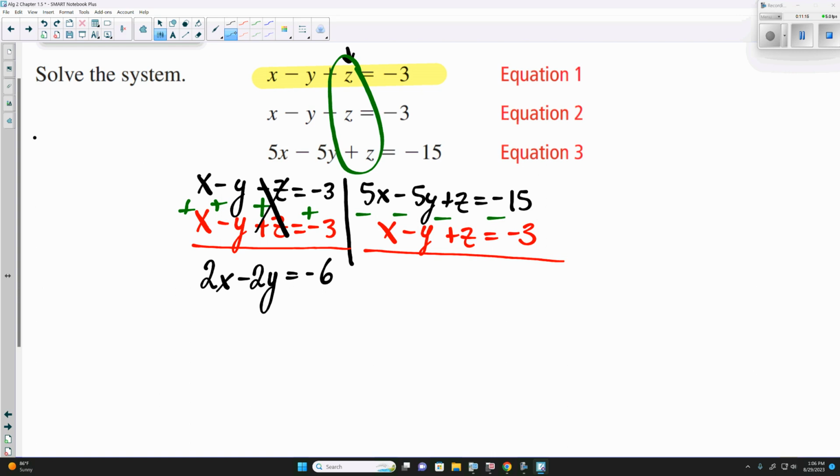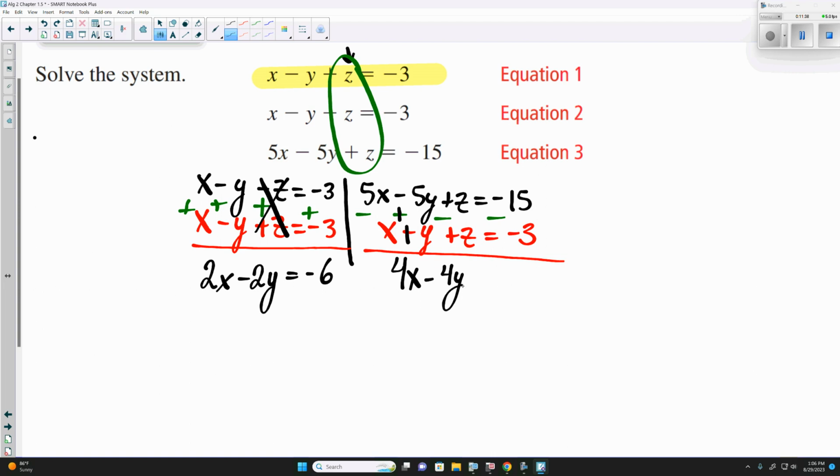Now going left to right, 5x minus x is 4x. Negative 5y minus negative y. Well, a negative would make a plus. So negative 5y plus y is negative 4y.